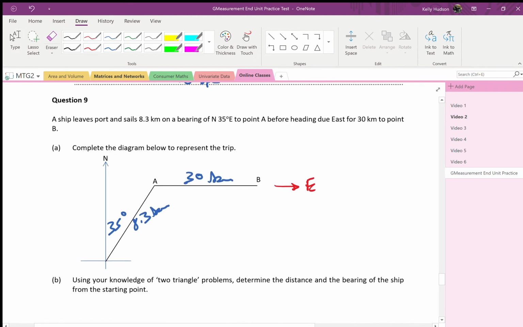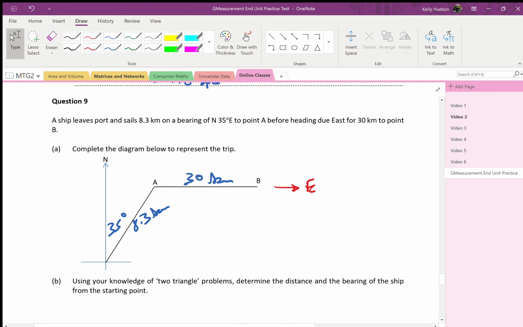I'm asked, first of all, using the knowledge of two triangle problems, to determine the distance and bearing the ship is from the start.